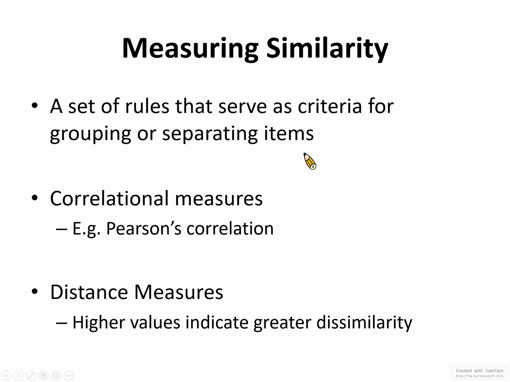But basically, we can have two types of similarity measures. One is the correlational measures, for example, the Pearson correlation. If we have two data that we want to compare, we can measure the correlation between them.